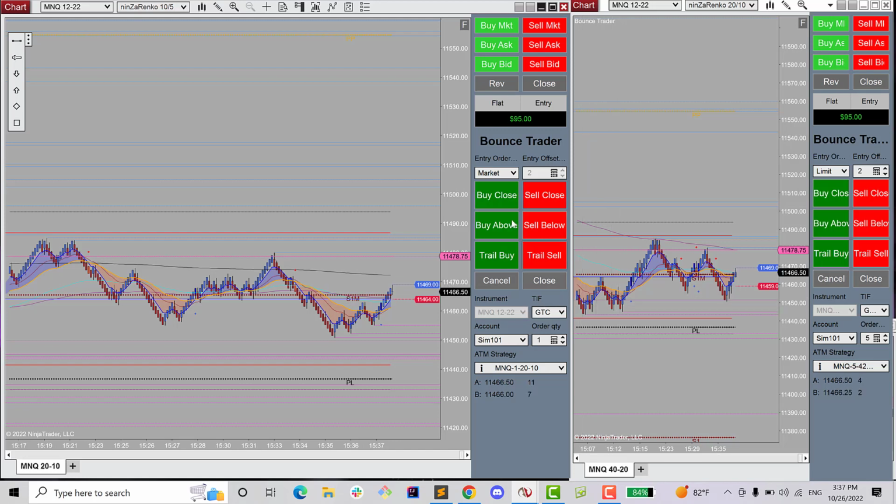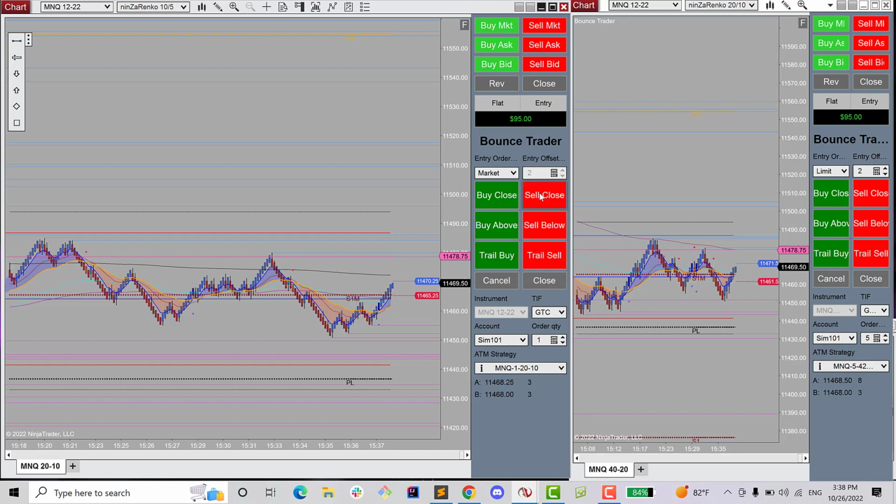Okay, let's see if I think it's going to close bearish. Well, it invalidated again, so let's try again.